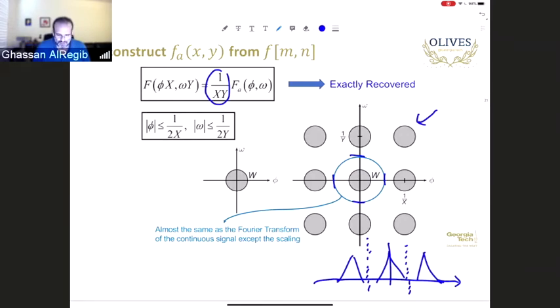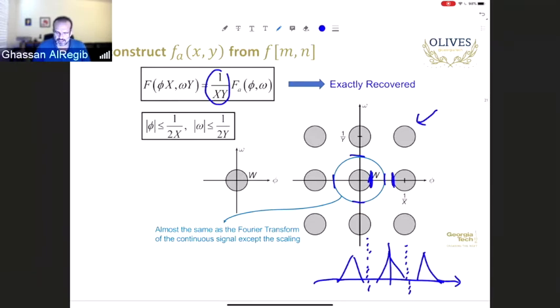Now, the problem happens when, back to the question from one of the students, what if I have an overlap? What if the relationship between the maximum frequency, which is W in the X direction, and the value I chose for my sampling lattice in the X direction, capital X, doesn't satisfy the condition where W is less than 1 over X?